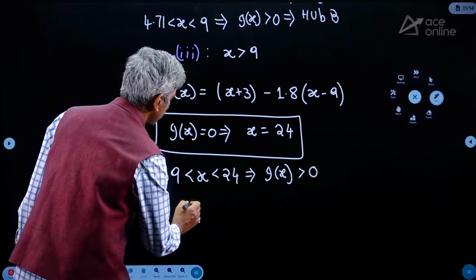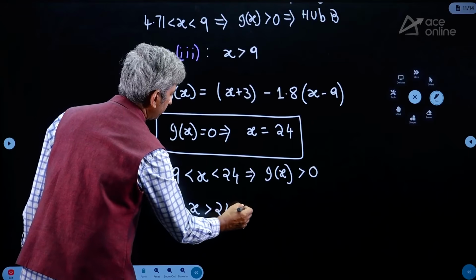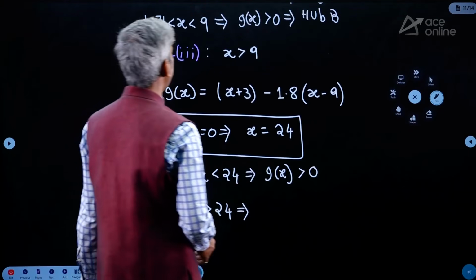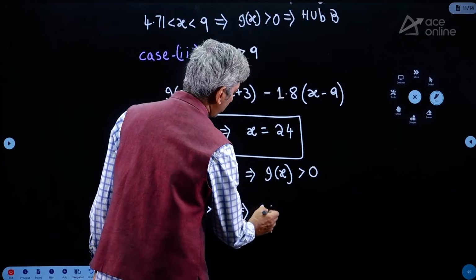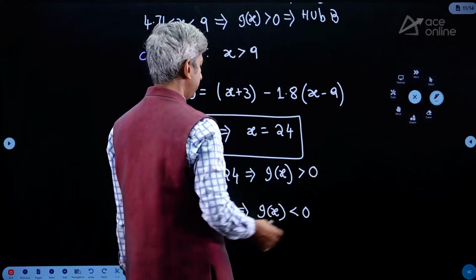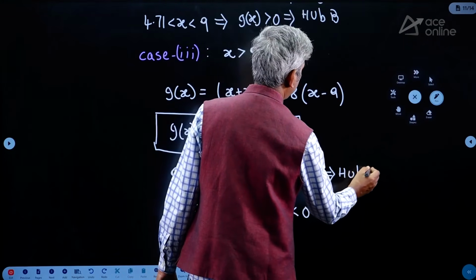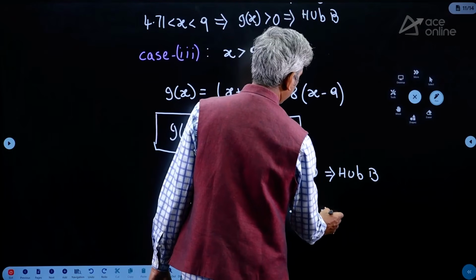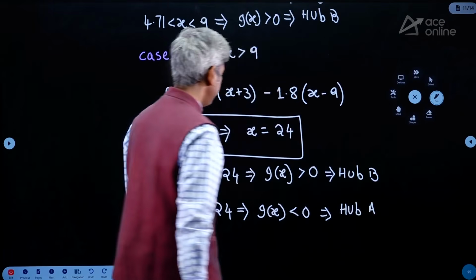And similarly, x greater than 24 gives g of x less than 0. So that means the first range is assigned to hub B and the second is assigned to hub A.